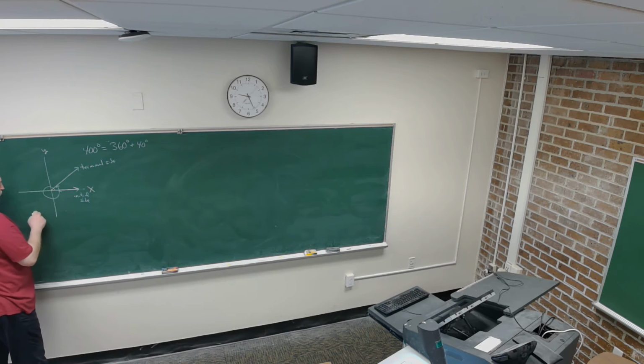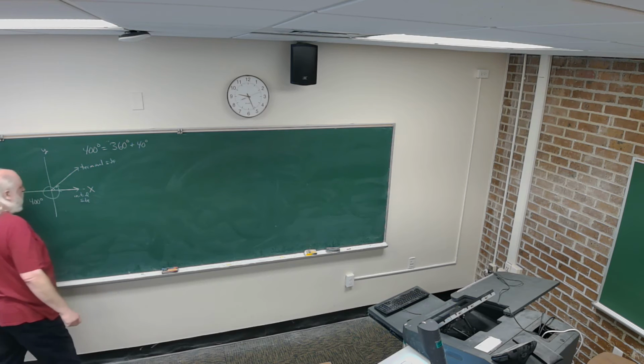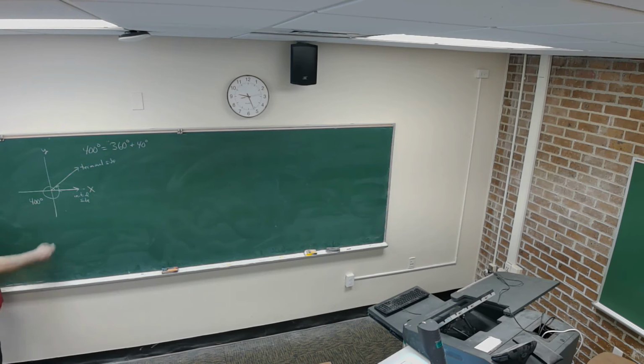And so this is the angle 400 degrees. Okay. So to draw the angle 400 degrees, you go full 360, which is one complete revolution plus an additional 40 degrees. Okay.